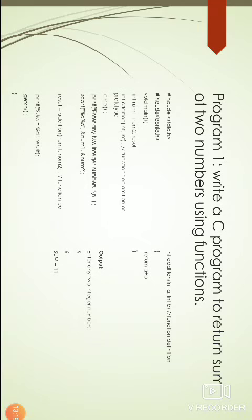So here: int num1, num2, result; semicolon. Here I am declaring three variables called num1, num2 and result. They are integer type. Next I am declaring a function prototype: int addition(int, int). These are the actual parameters.